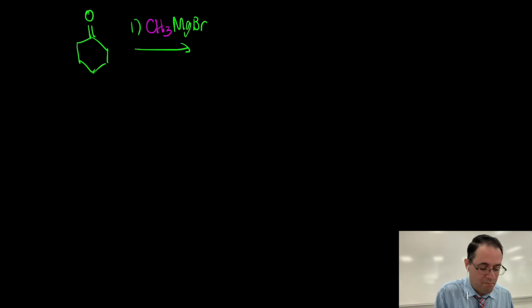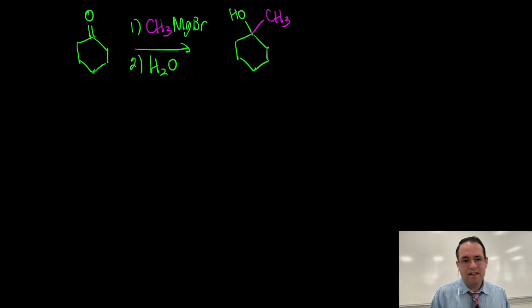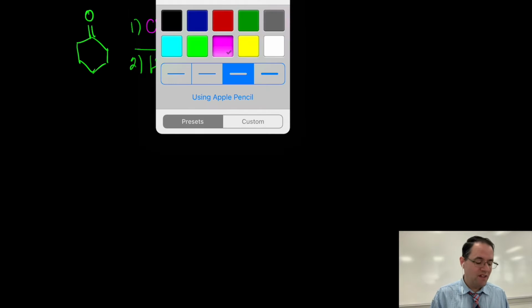Methyl magnesium bromide is a Grignard reagent. Normally we add just water in the workup step. Some textbooks might say H3O plus. And what you're going to form as a product is that a methyl group is added. And this works great for ketones and aldehydes.